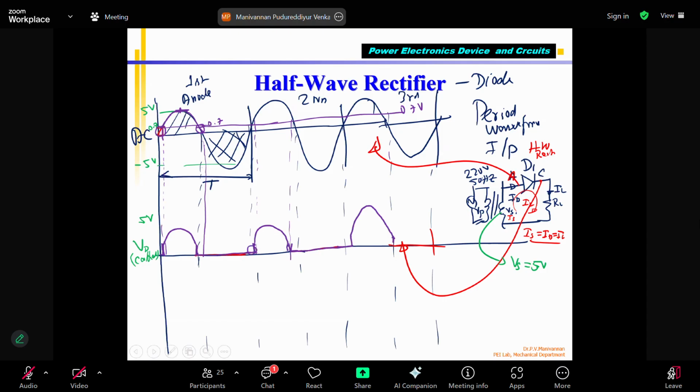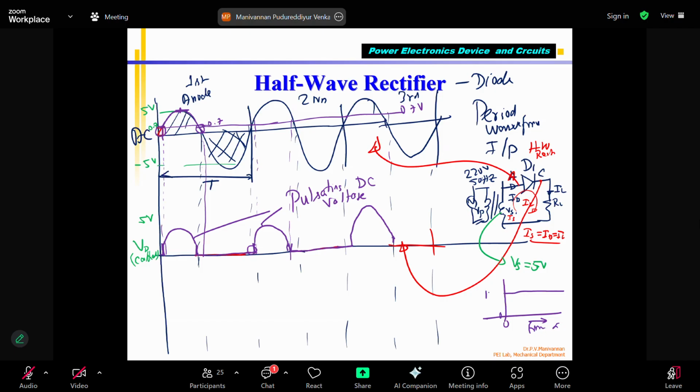Now what will be the DC? Please note that this is called a pulsating DC voltage, not a DC voltage. What does DC voltage mean? With respect to time, from 0 going to infinity, the voltage should remain constant. For example, a 12 volt battery.